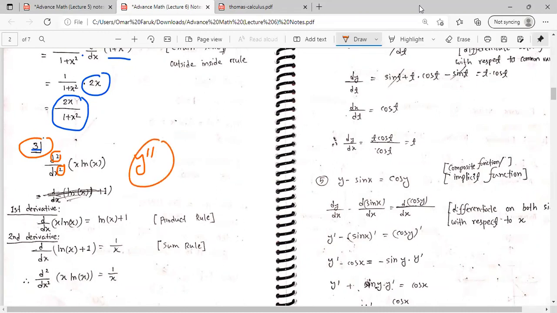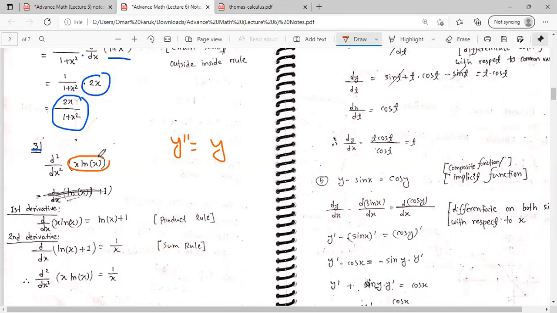Okay. So how do we find it? So the rule is, if it is y double derivative, firstly we just calculate the derivative of this function, and for example, the answer is y.